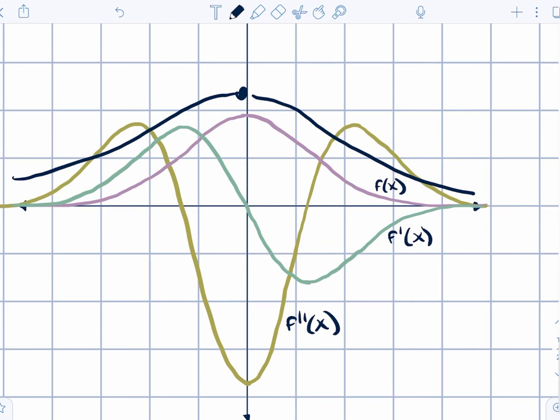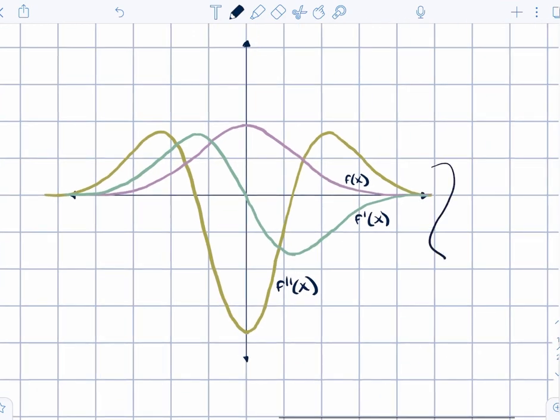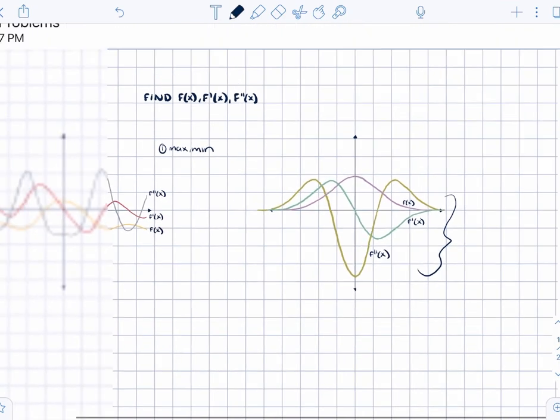So that also checks out. And you know that this graph right here cannot be the first derivative because it hits positive, but then it goes negative over here, which doesn't match up. So that right there is our answer, and we're done.